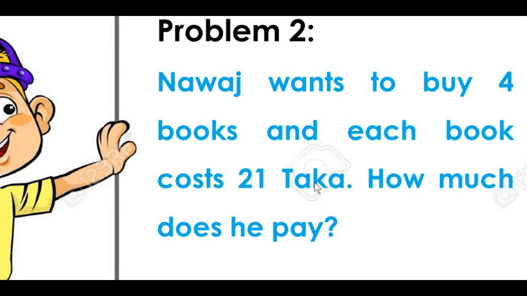It gives the detailed information of one thing and asks for the price of 4 books, that indicates many things. Here we find out the price of 4 books, so we will write Taka on the right side.